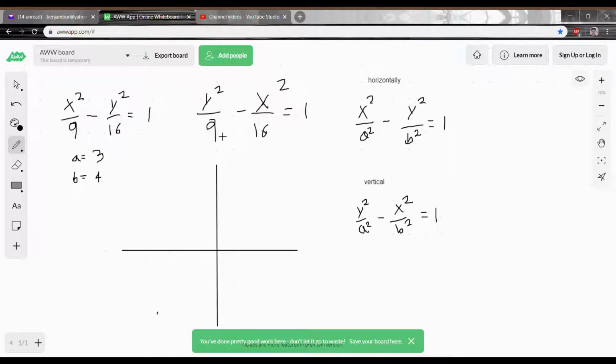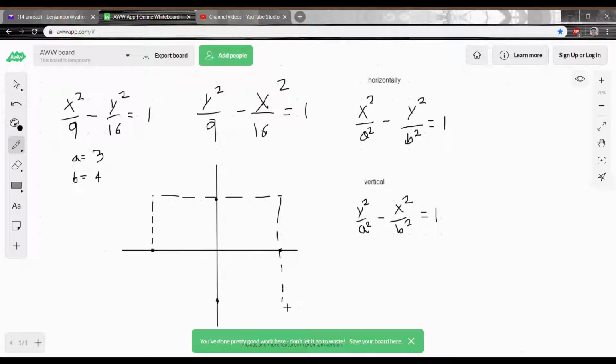It's this value in front. That is 3, so we're going to count 1, 2, 3 up and 3 down. Our b value is now the horizontal value. We're going to count 4 over and 4 over on the other side, and we'll draw this box.